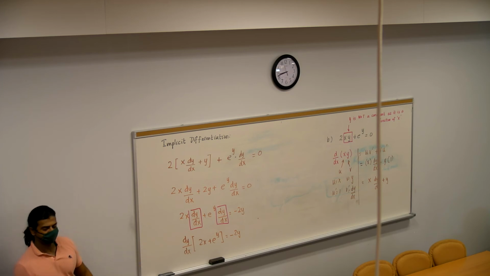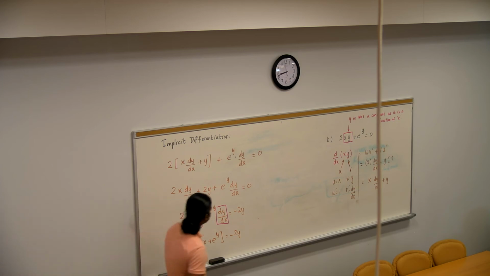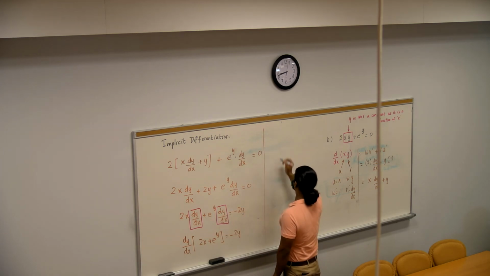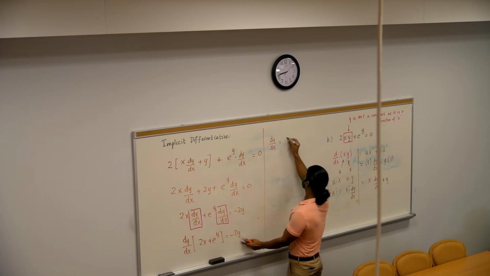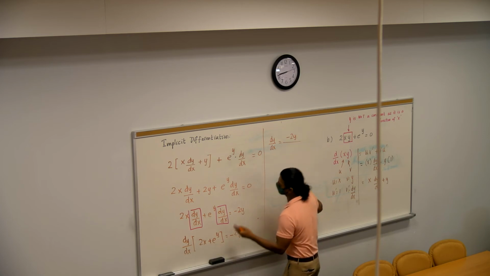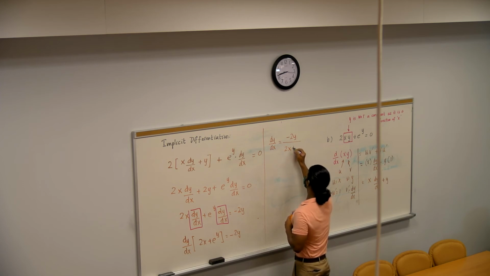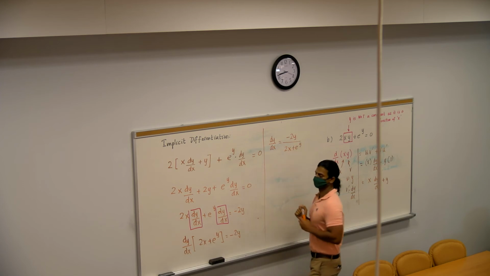We can now solve for dy over dx. So dy over dx would be negative 2y divided by, I'm dividing by the term on both sides, I would get 2x plus e raised to y.